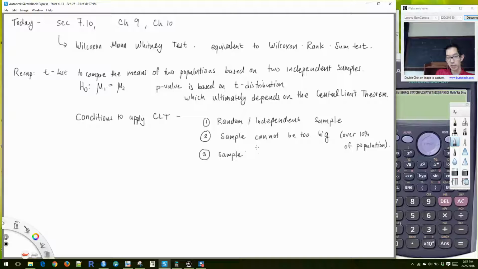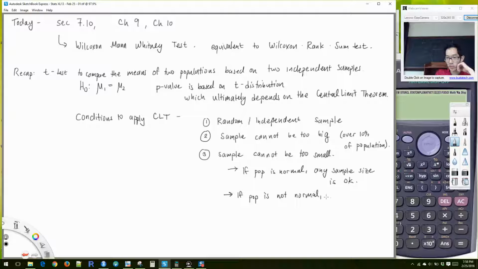But it's this condition: the sample cannot be too small. Okay, and there were kind of two parts to say what it means to be too small. One was, we said, if the population is normal, any sample size is fine. But if the population is not normal, we need a large sample.